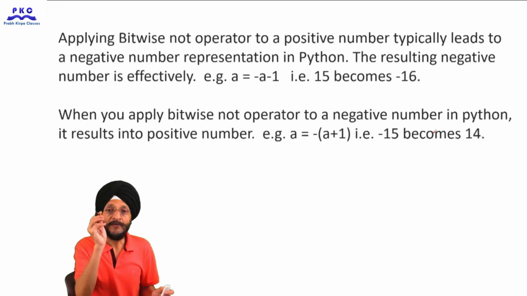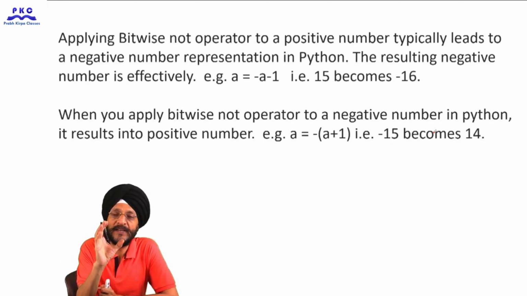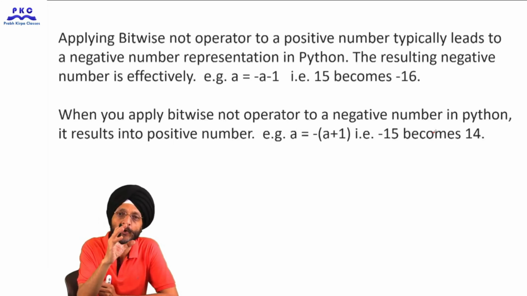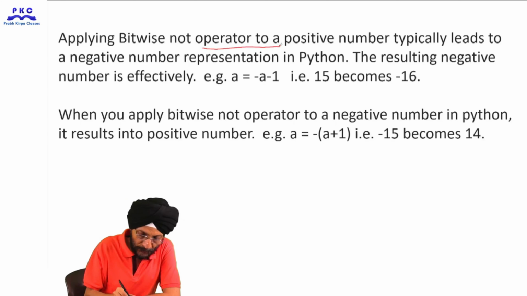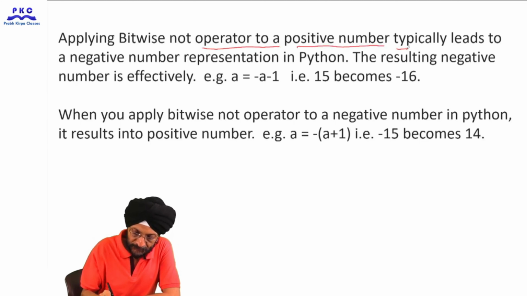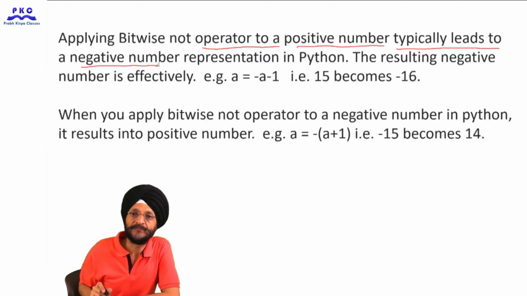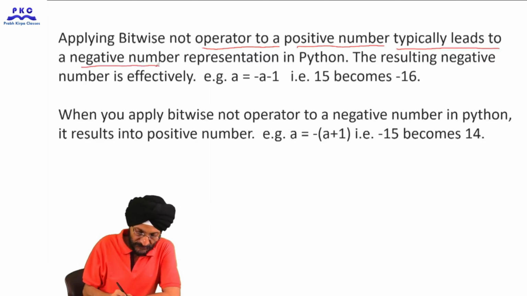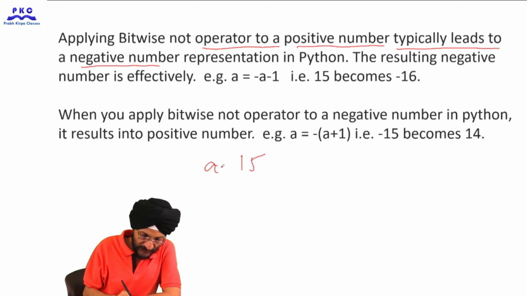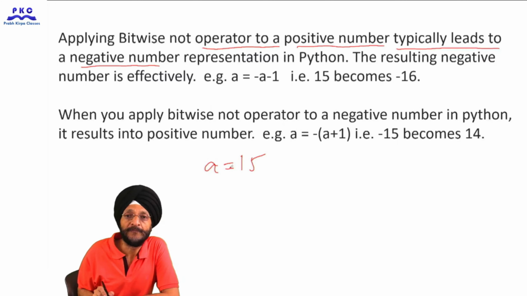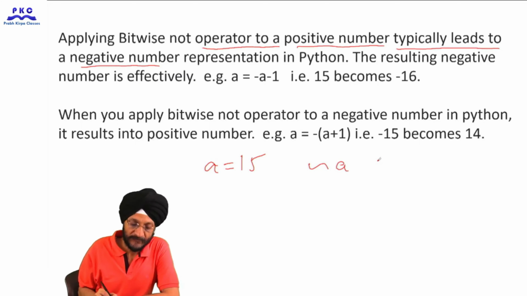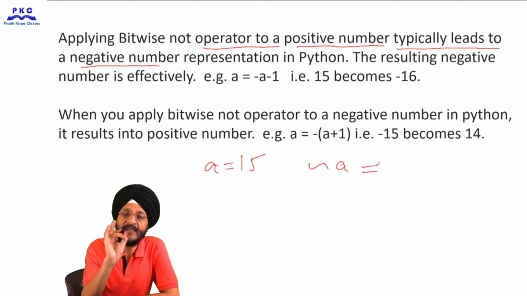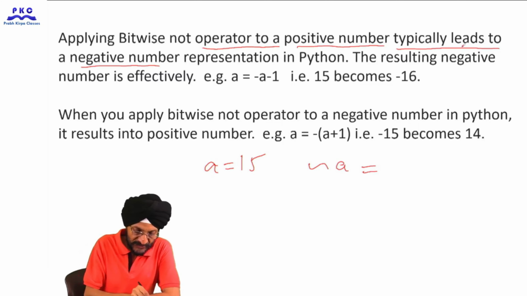So now what will be the net effect on the decimal value of this bitwise not operator? Now we understand the same. Applying the bitwise not operator to a positive number typically leads to a negative number. Here we take the example of a is 15. So applying the bitwise not operator will generally result in a negative number.